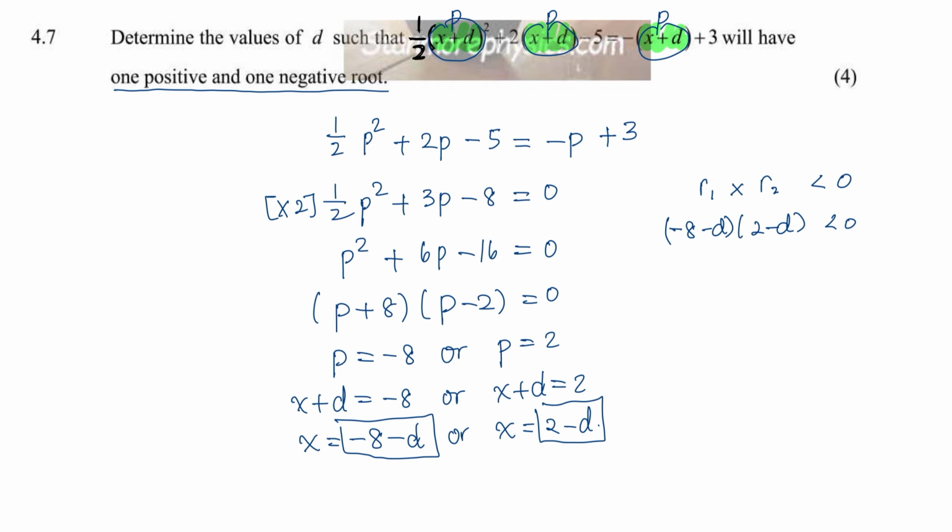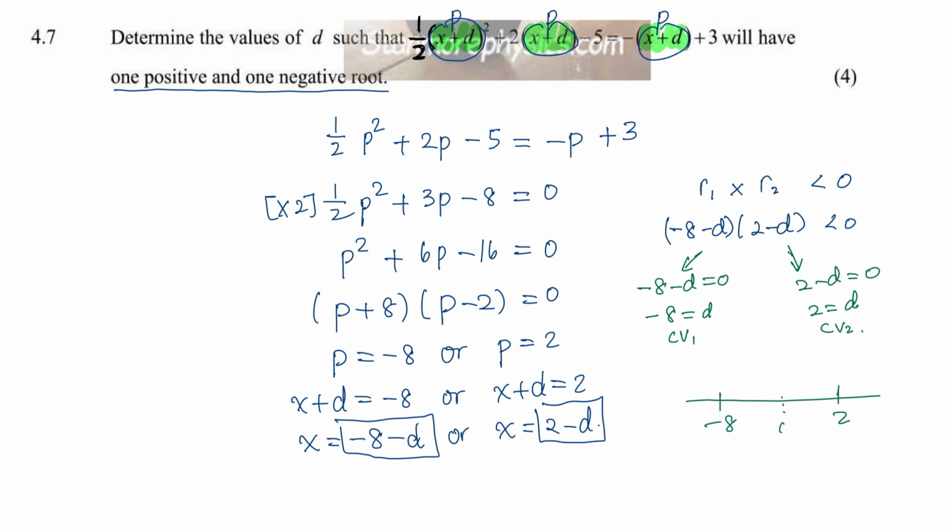Now let's get critical values. The critical values here: minus 8 minus d is equal to 0, minus 8 is equal to d. That's critical value 1. Here, 2 minus d is equal to 0, 2 is equal to d. That's critical value 2. Let's draw in our number line. We'll have negative 8 here, we'll have 2.